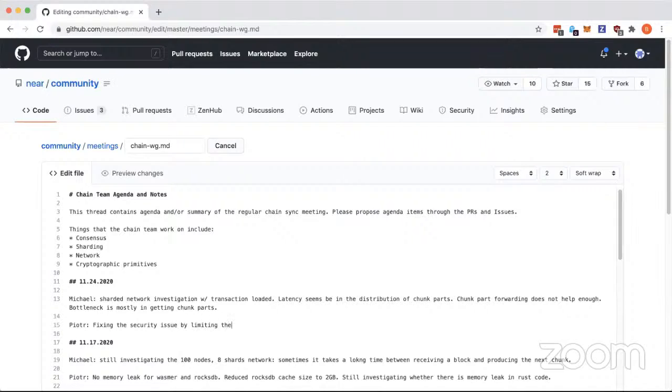I added a test for that and analyzed all the potential implications of that fix. I also worked on making changes to figure out where the memory leaks are. I just started the node with the changes yesterday, so hopefully in a couple of days we'll see how the memory is growing and where the leaks are.